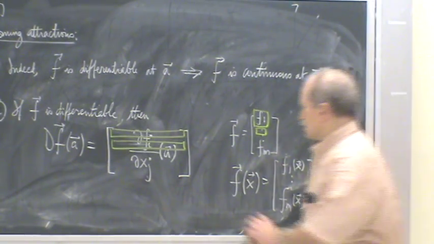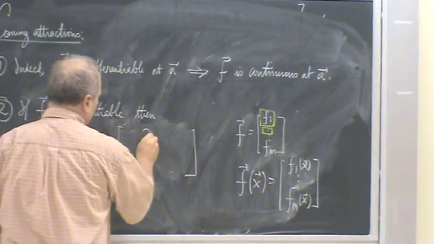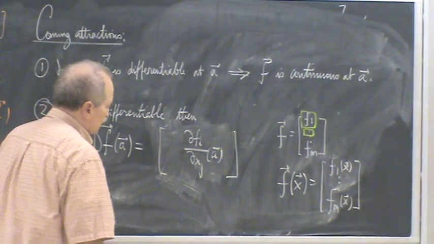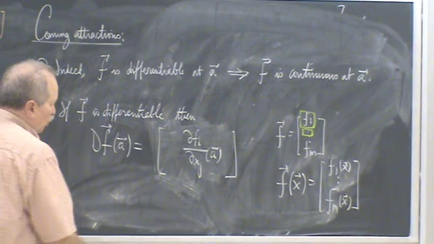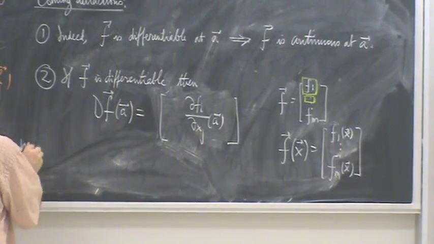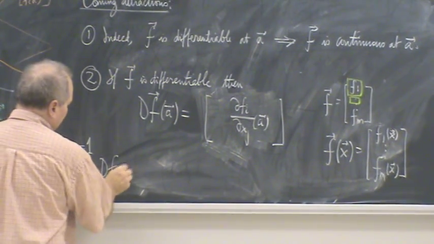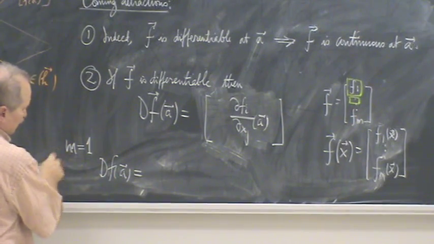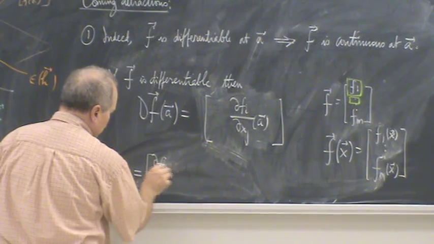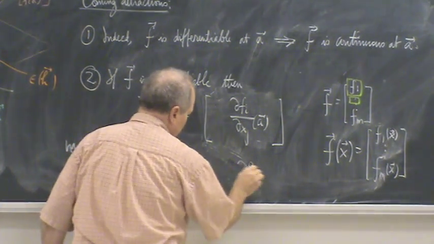But let me erase this because it's now illegible. So in particular, if m were 1, if you had a scalar function, then df at A, no vector now, is just going to be a 1 by n matrix with the partial derivatives going as the entries across.